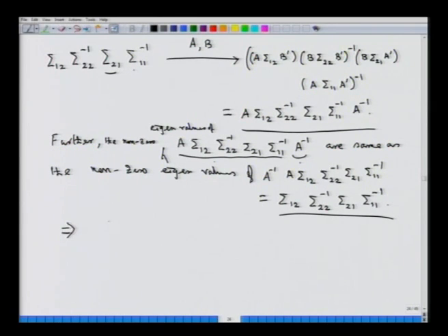This implies that the canonical correlation coefficients are unchanged under the non-singular transformation AB.